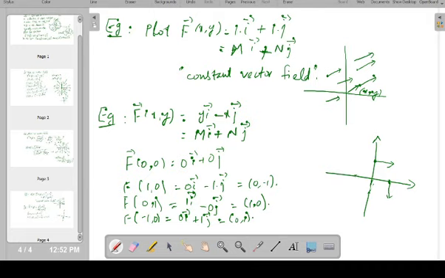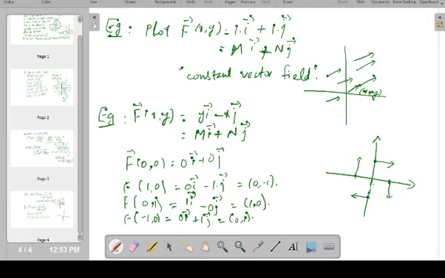This is minus 1 comma 0, and at this point you plot the vector 0 comma 1. Translate that vector to this point without changing its magnitude and direction. So you will get like this. Similarly, at this point you will get like this. Does it look beautiful?